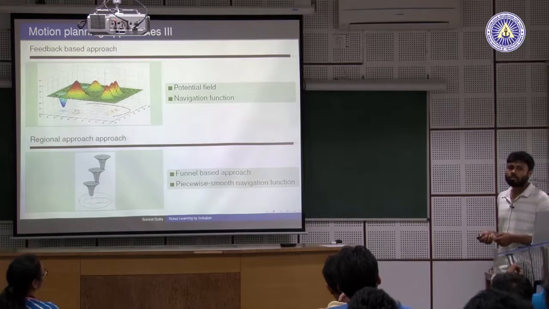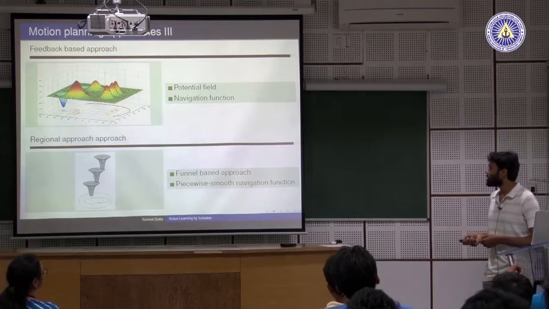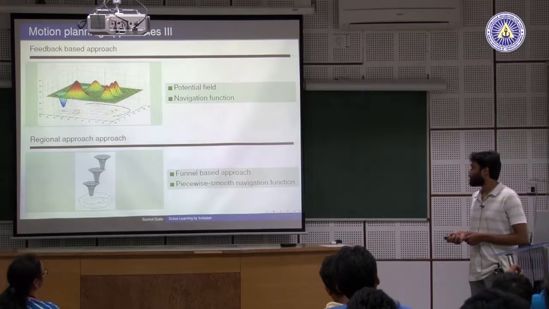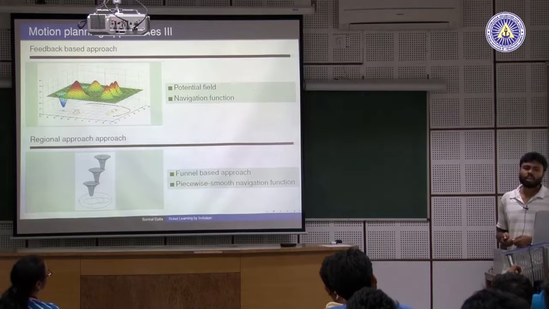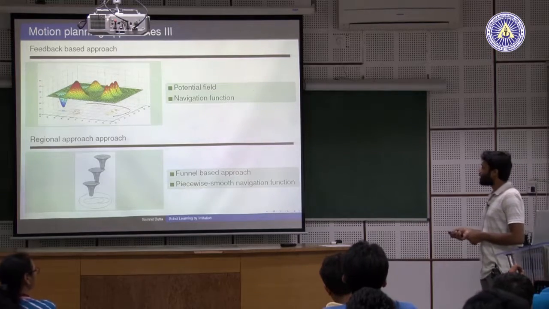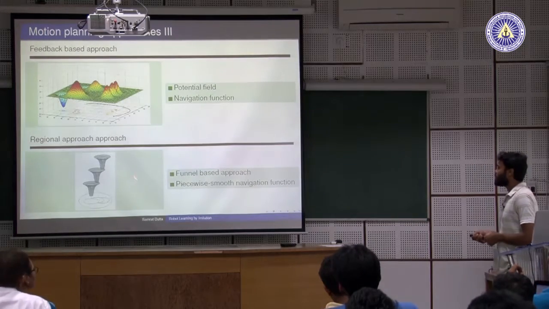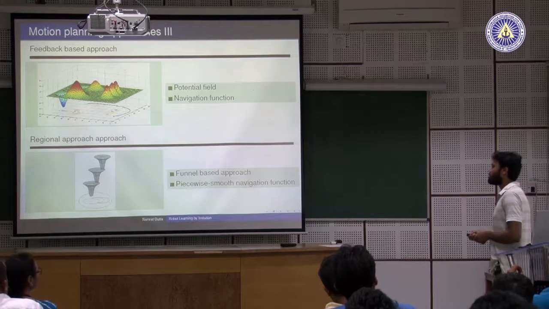To deal with this local minima problem, people proposed navigation function based approaches, but the problem is that finding a unique navigation function is difficult, right. Then people came up with regional approaches, where region-wise a funnel-like function was used to describe the motion.